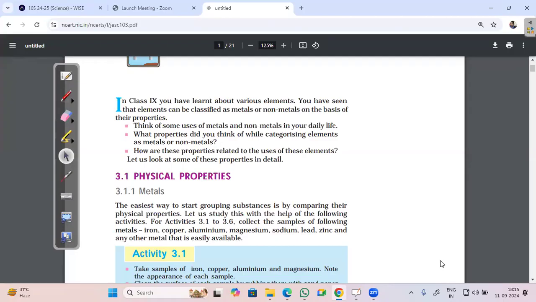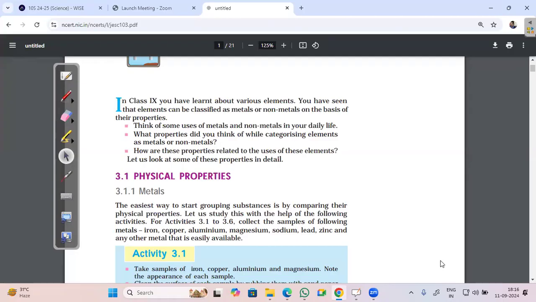Anything you take in your hand, you will be easily able to identify whether it is solid, liquid, or a gas, whether it is lustrous or not, whether it's brittle or not. If you hammer on that piece, is it breaking into pieces or not?